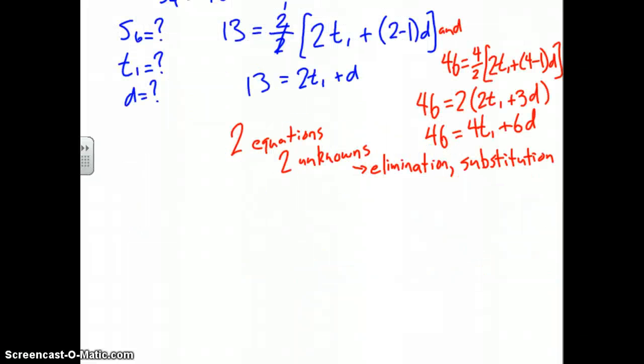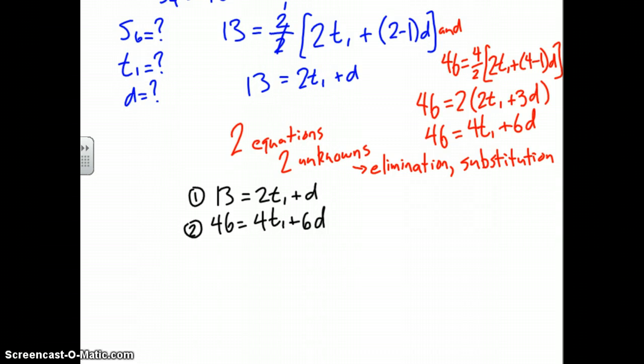Okay, I just extended the screen there. So to do that, we want to set up our two equations. Equation 1 is this one here, 13 equals 2T1 plus D. Equation 2 is our other one, 46 equals 4T1 plus 6D.